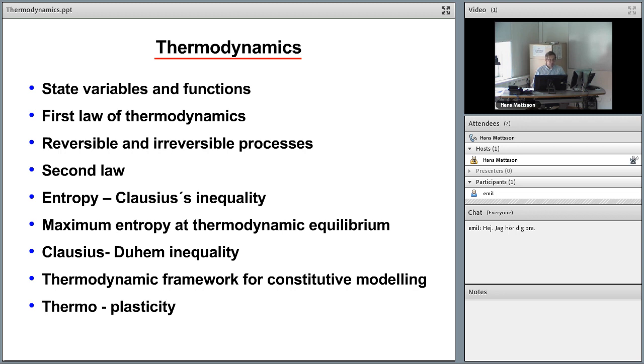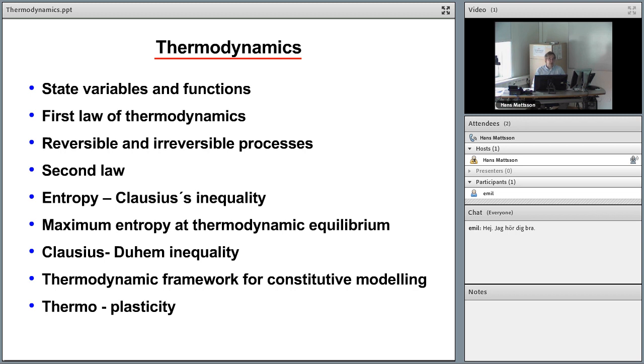And you see here the points that we should discuss: state variables and functions, the first law of thermodynamics, reversible and irreversible processes, second law of thermodynamics, entropy and the Clausius inequality, maximum entropy at thermodynamic equilibrium, Clausius-Duhem inequality, thermodynamic framework for constitutive modeling, and thermoplasticity.